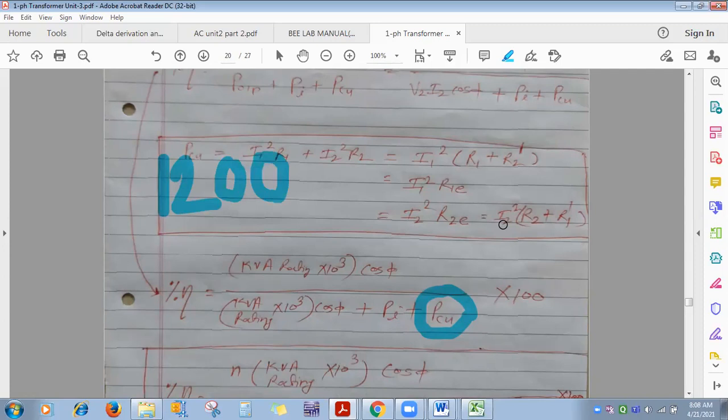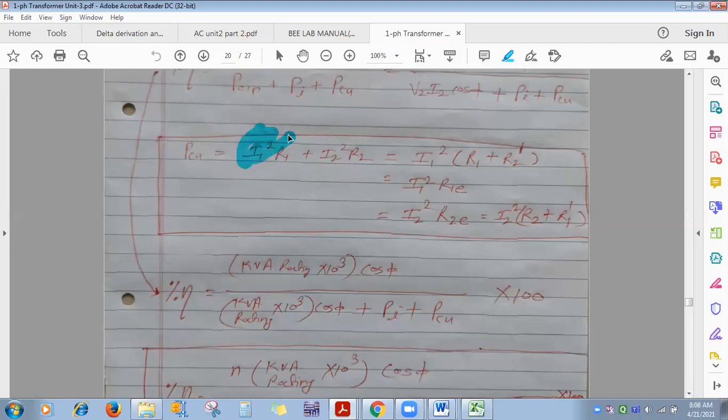One fourth of 1200 is 300 watt. Got it? 300 watt. So this relationship, everyone please keep in your mind: whatever copper loss takes place at full load, one fourth of it occurs at half load. You can write the formula: one fourth of full load copper loss is equal to half load copper loss, because I square is there. That derivation you can see in BL Thareja, that is not included in your syllabus, directly the formula.